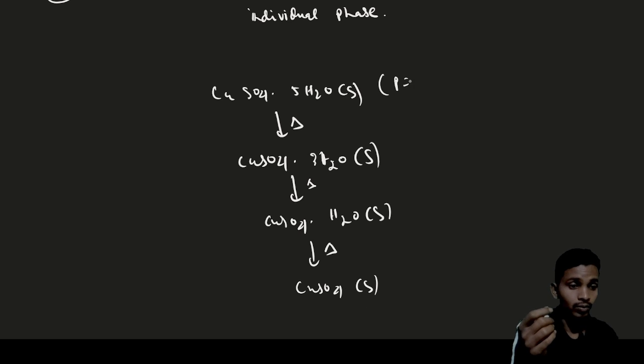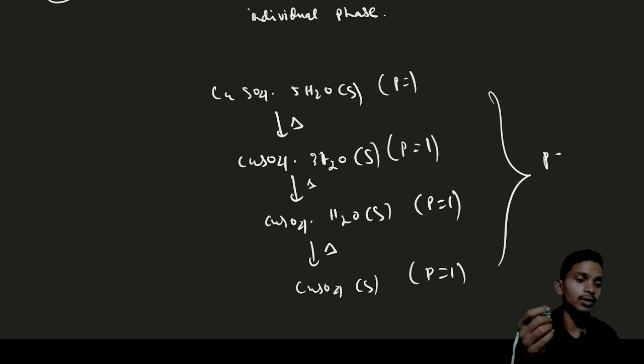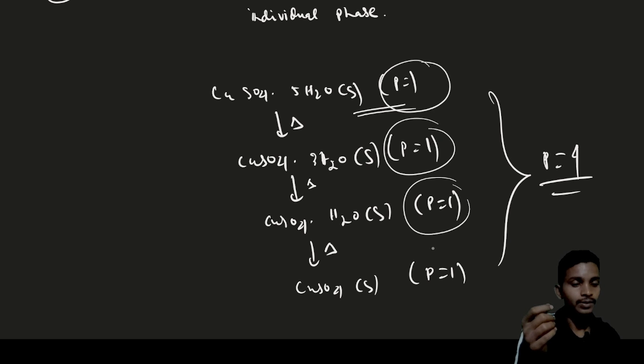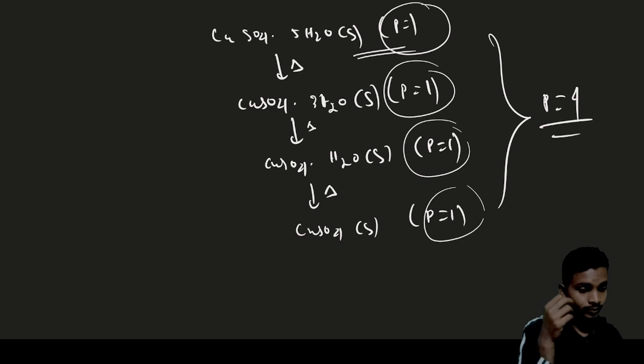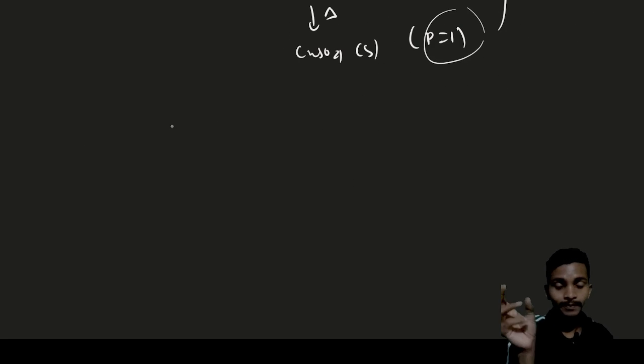This is one pH, this is one pH, this is one pH, so in this case the pH equals 4. So each hydrate gives an individual pH, meaning 4 hydrates give 4 pHs. So this is all about the pH.